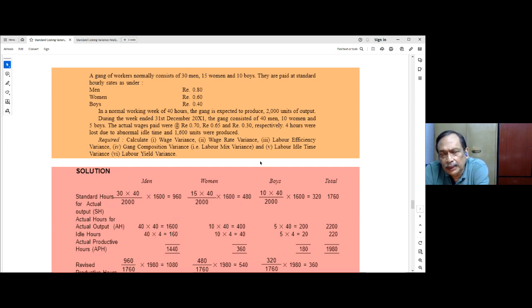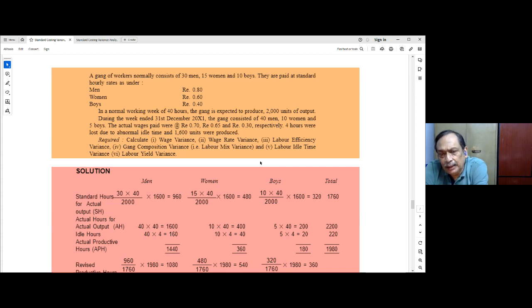In a normal working week of 40 hours, the gang is expected to produce 2000 units of output, but 1600 units were produced. Hence, standard hours for actual output for men will be 30 into 40 by 2000 into 1600, that is 960.